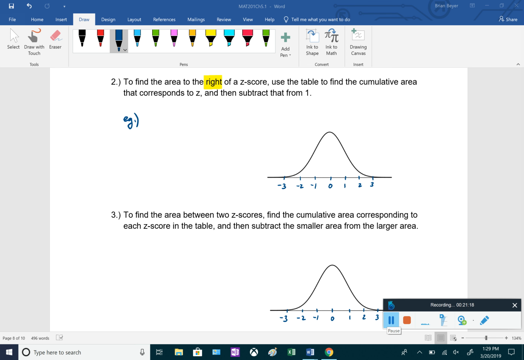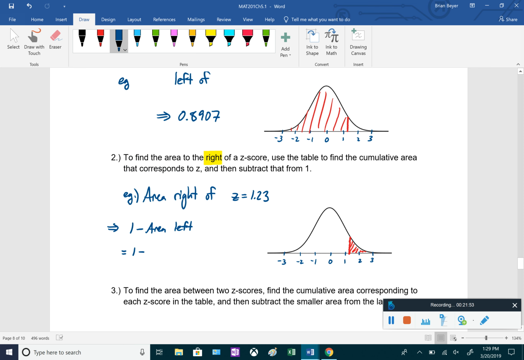So for example, let's find the area to the right of z equals 1.23. So 1.23, once again, same value from last time, is right here. So now we're finding the area to the right of it. So this is going to equal 1 minus the area to the left, which is going to be 1 minus the value on the table.